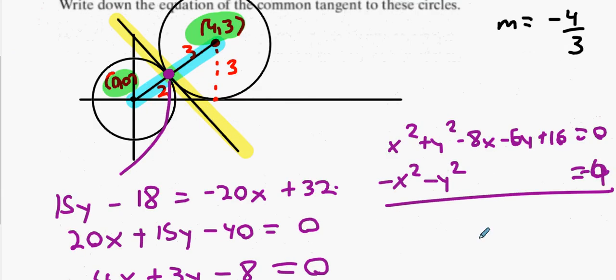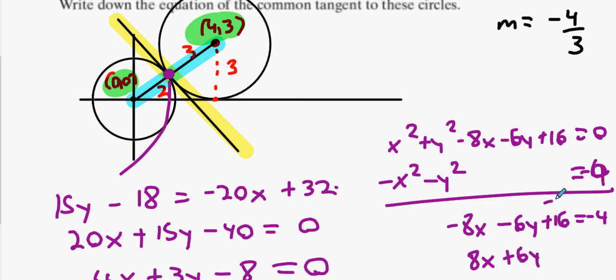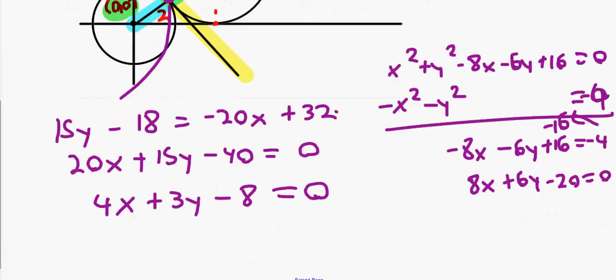And then we get minus 8x minus 6y plus 16 equals minus 4. Multiply both sides by minus. Bring the 4 over the other side, it's going to be minus 20. Is it the same equation? No, it isn't. What did I do wrong here?